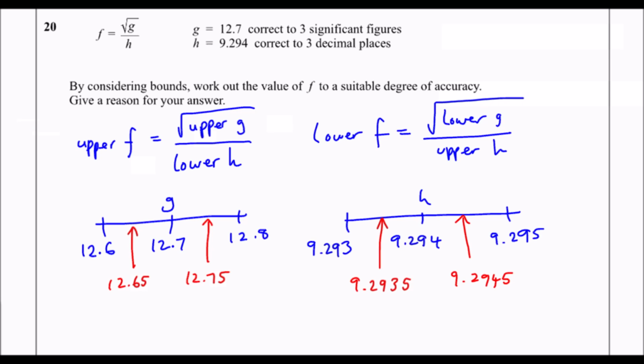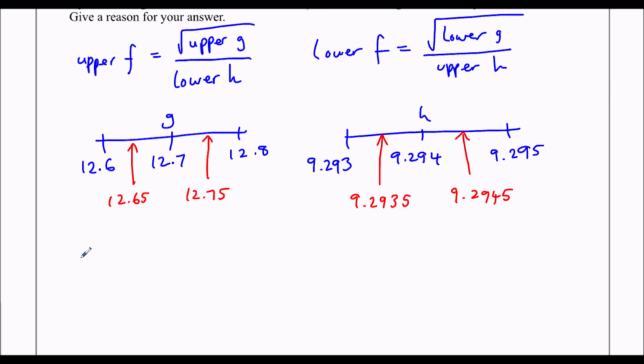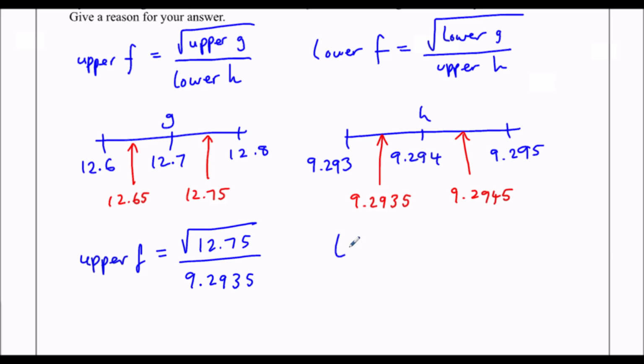So substituting these in, the upper bound for f is the square root of upper g, 12.75, divided by lower h, 9.2935. And the lower bound for f is the square root of the lower g, 12.65, divided by upper h, 9.2945.